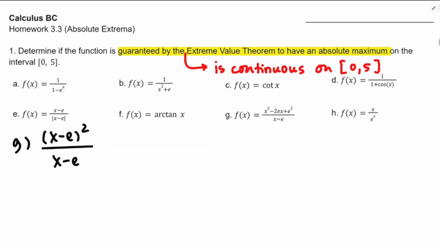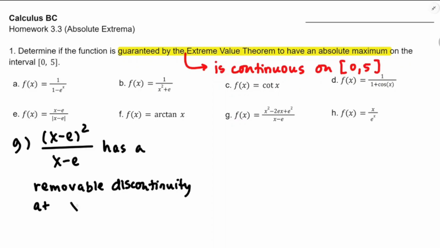So I'm just going to say it's a removable discontinuity at x equals e, which is still between 0 and 5, so since it's not continuous on the entire closed interval, we cannot guarantee the absolute maximum.